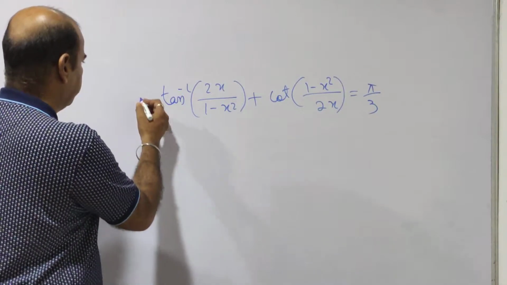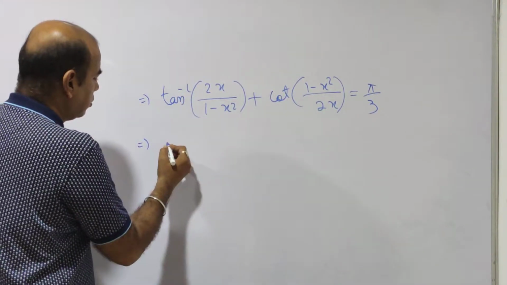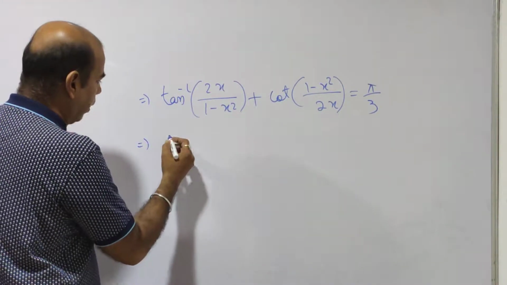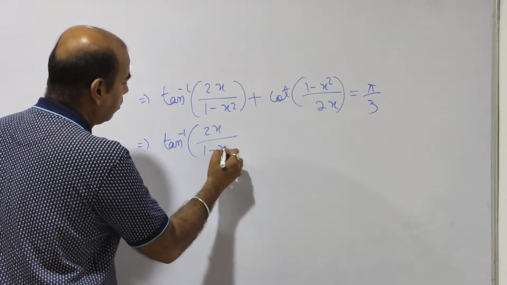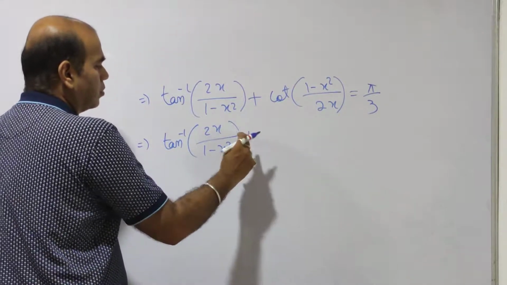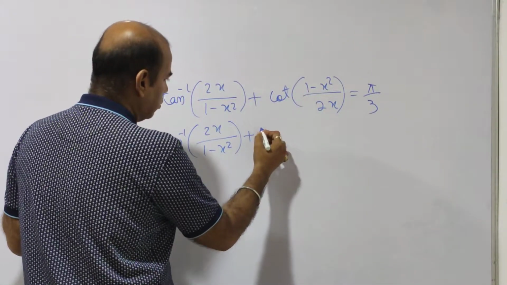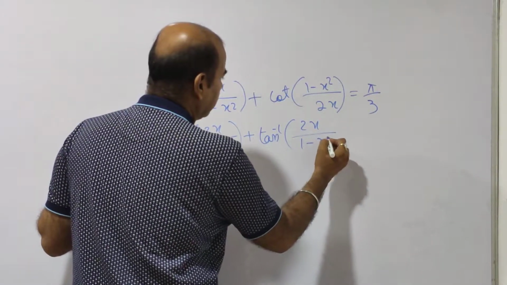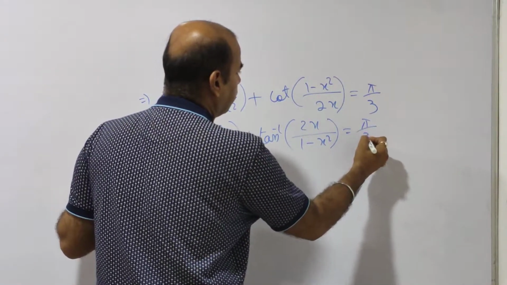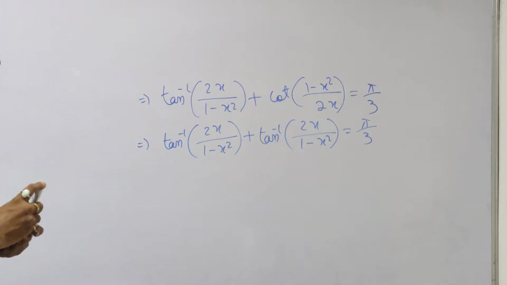So what will I do? This is tan inverse 2x by 1 minus x square. Let me keep it the same. Plus, this is cot inverse, so I will change this to tan inverse 2x by 1 minus x square, equals pi by 3.